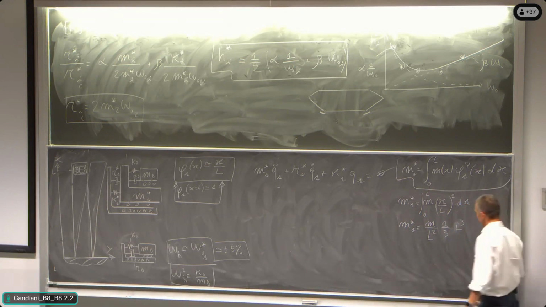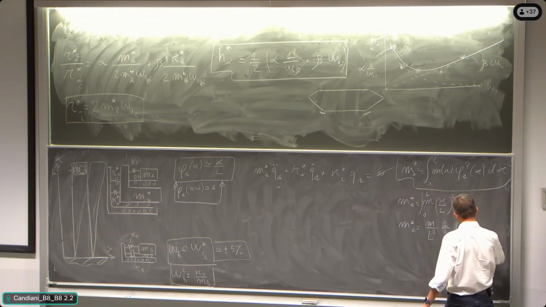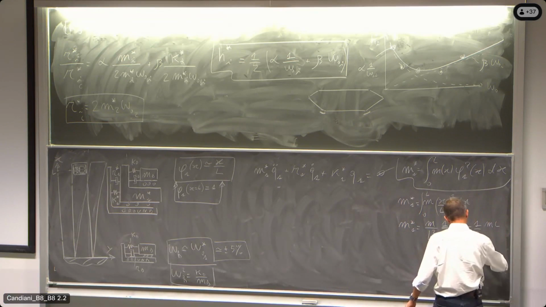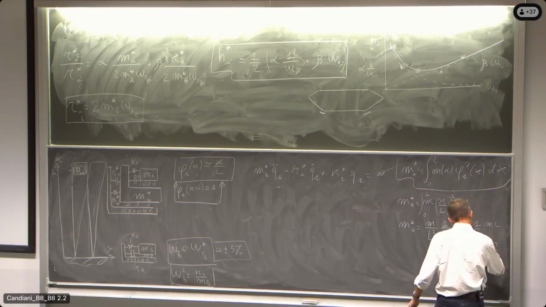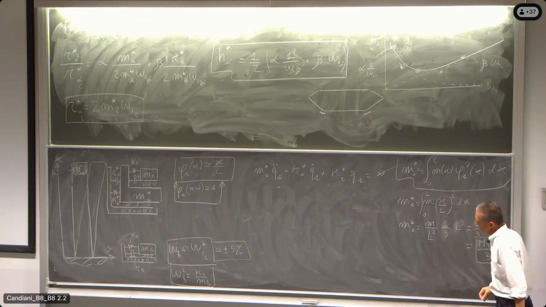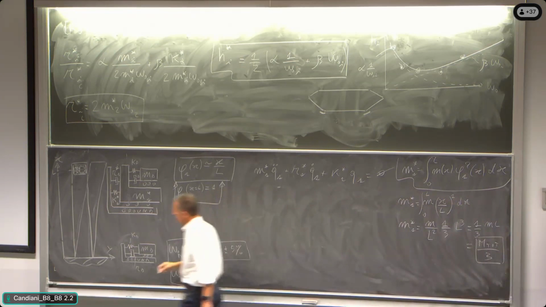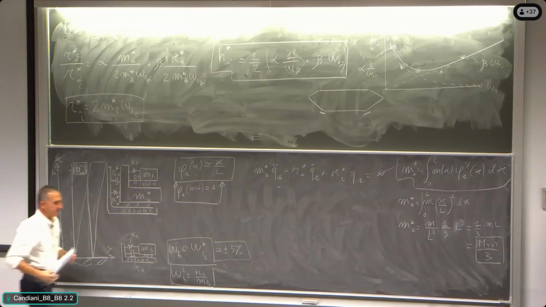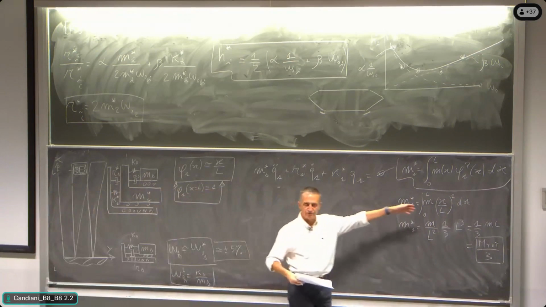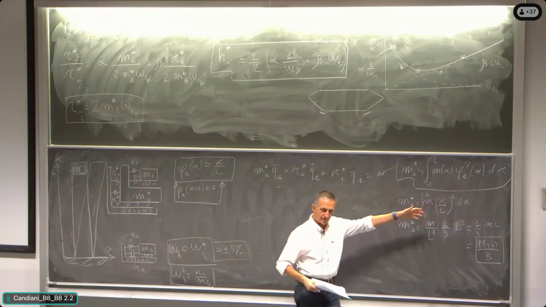Not too difficult? No. Well, equal to 1/3 m L. So the hypothesis of the shear-like deformed shape for mode 1 is useful in order to make this integral easy, but it is also meaningful.